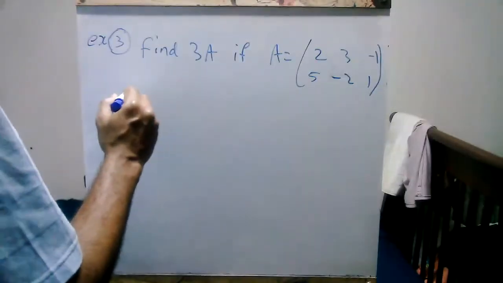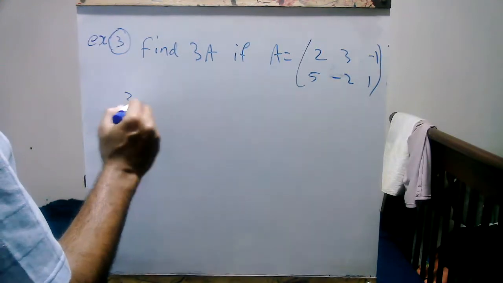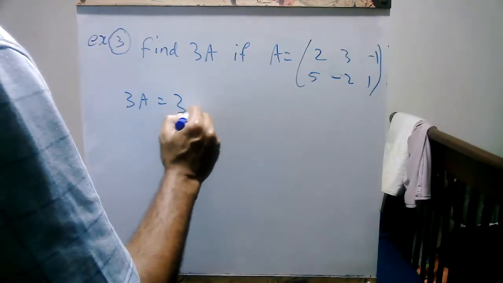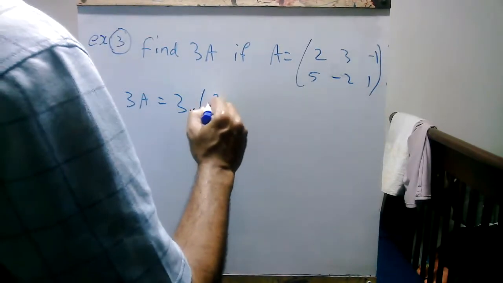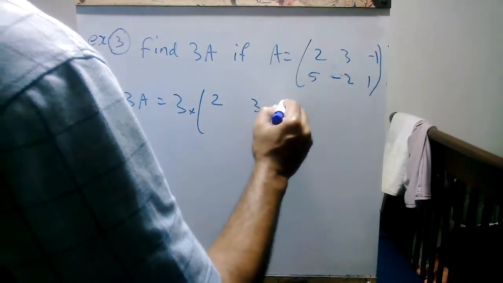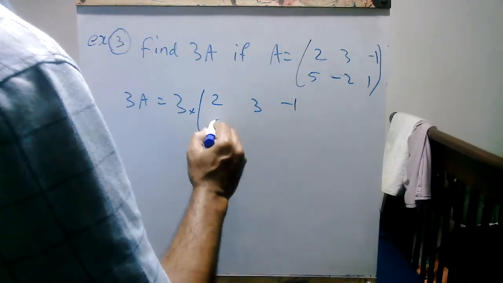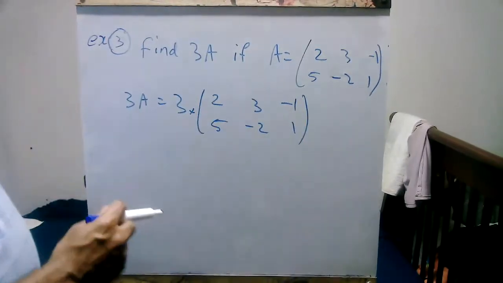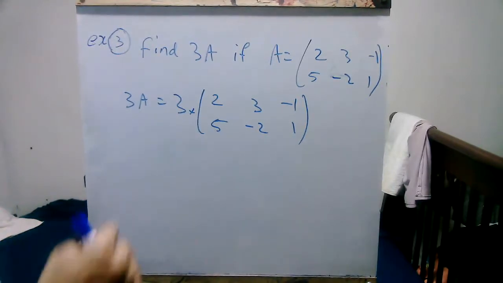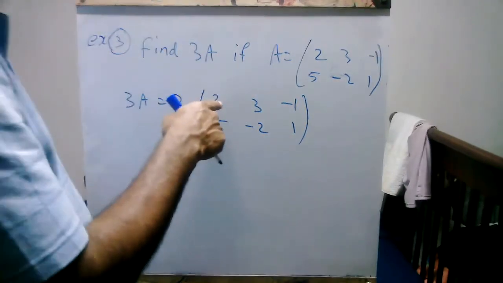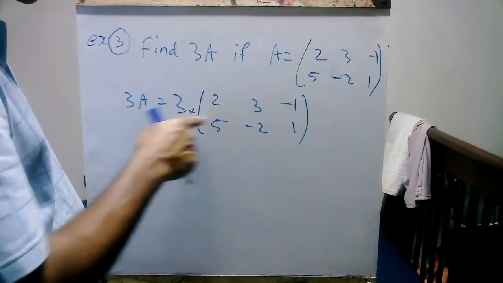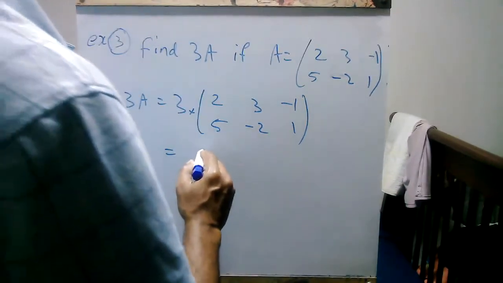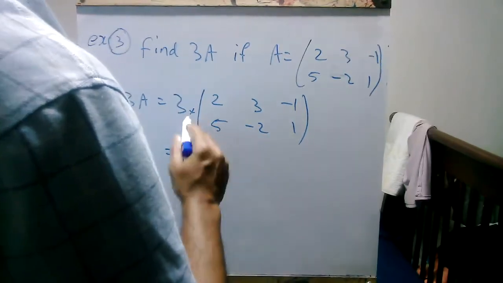Right. 3A is equal to 3 times A, which is 2, 3, negative 1, 5, negative 2, 1. What you do is you multiply all elements by 3 outside. So we get 3 times 2 is 6.